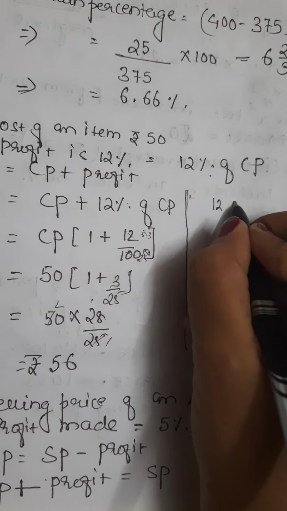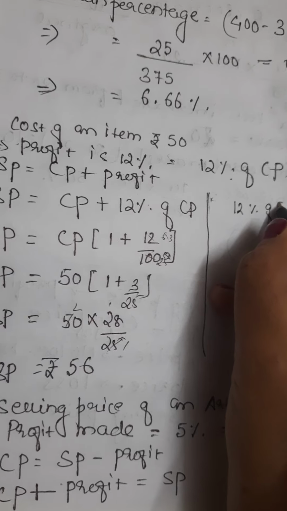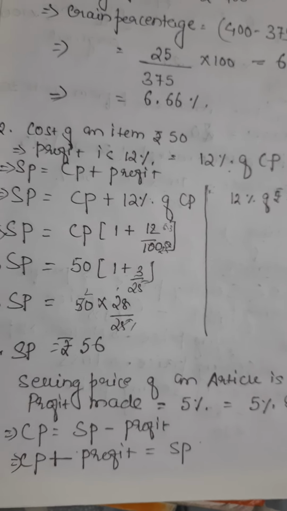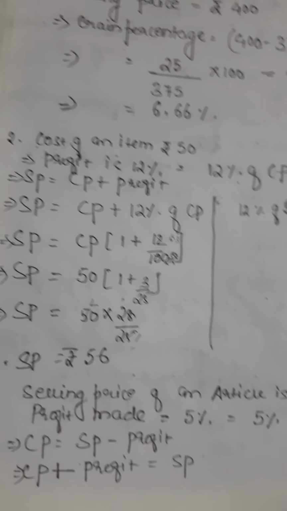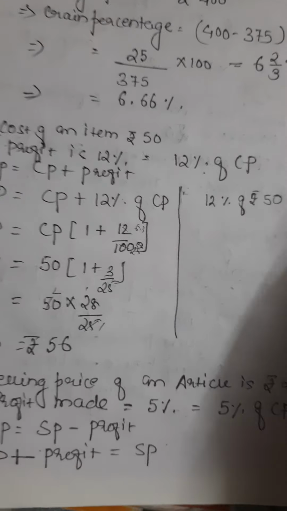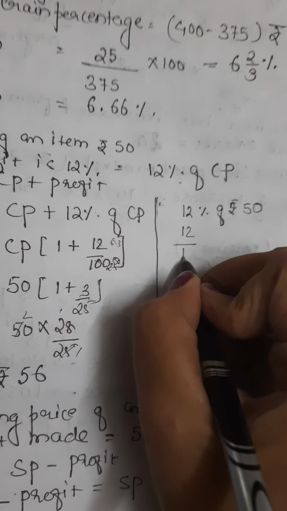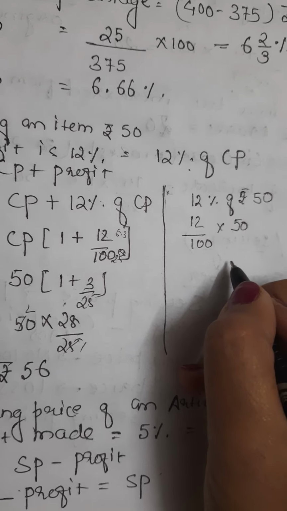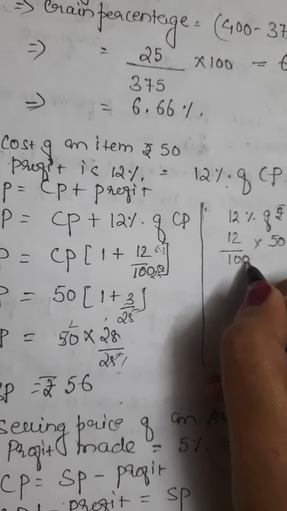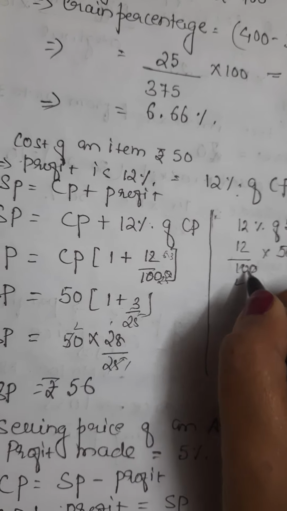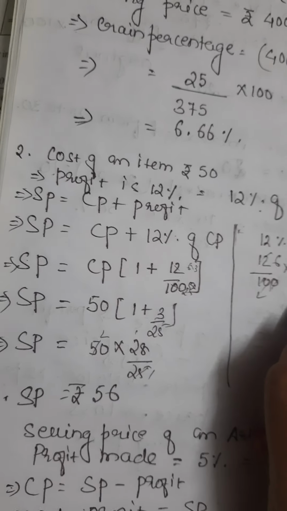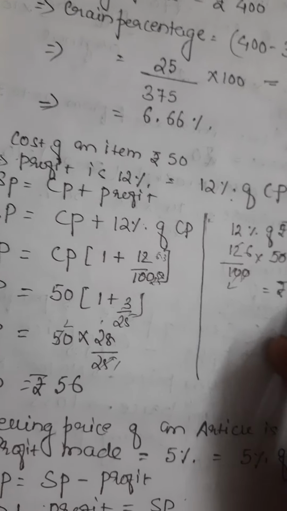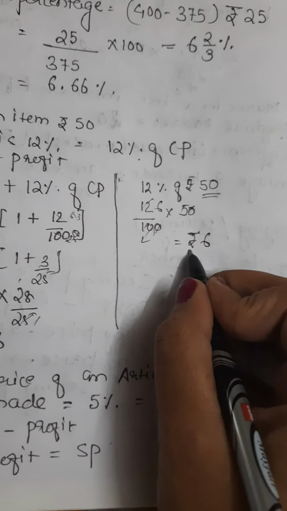So 12% of rupees 50, that is 12 divided by 100 into 50. If you calculate this, how much will it come? It will come to rupees 6. So 12% of rupees 50 comes to rupees 6.